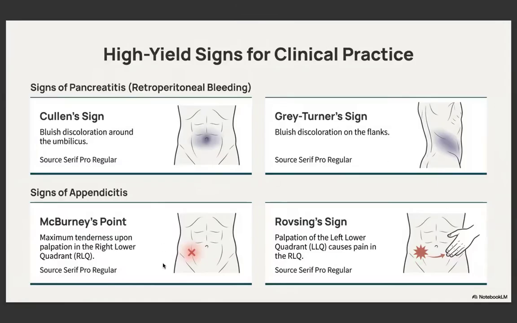I just talked about McBurney's point. That's the one that I was trying to talk about, McBurney's point. That palpation in the right lower quadrant. So Cullen's sign, that bluish discoloration around your belly button. Gray Turner's, that's on the flanks. And then Rovsing's sign is a sign of appendicitis. That's when you palpate that left lower quadrant and it causes pain in that opposite side.